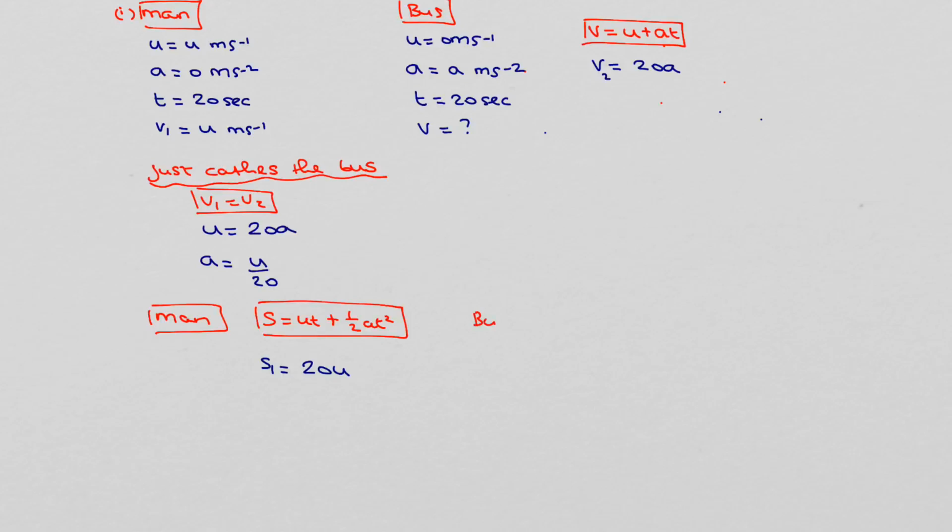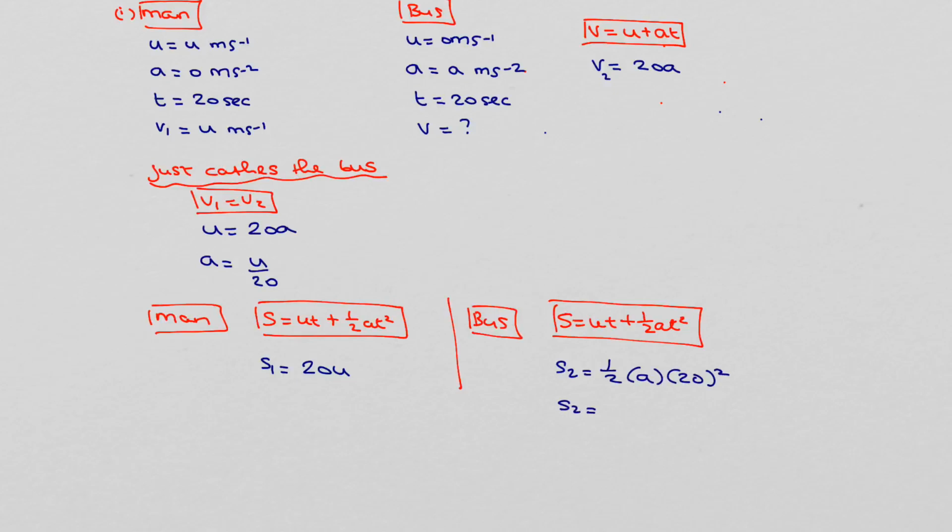The bus then, again S equals UT plus a half AT squared, and we said the distance travelled by the bus was represented by S2. U is 0 in this case, so we have a half times A times T squared. So we get S2 is equal to 200A.